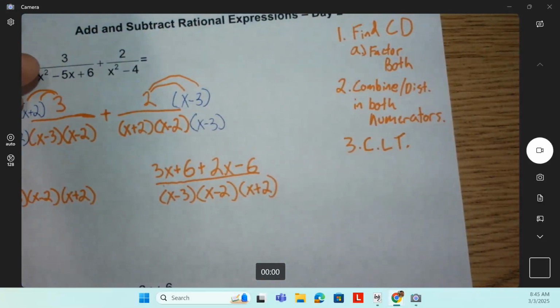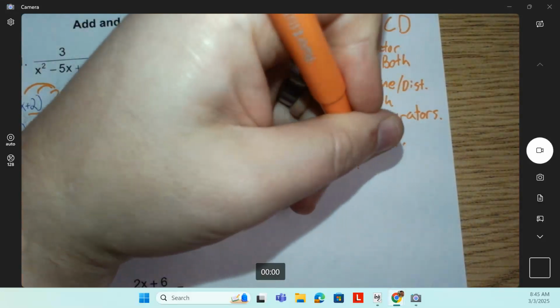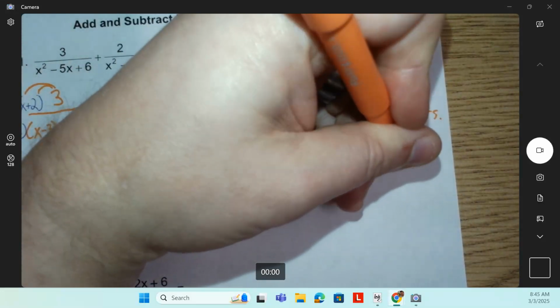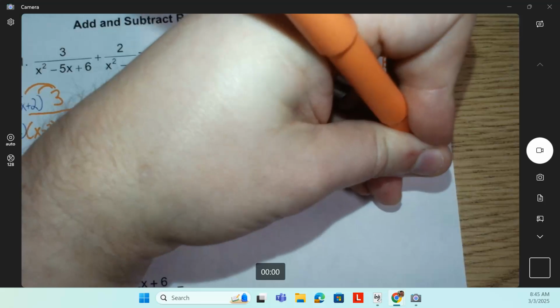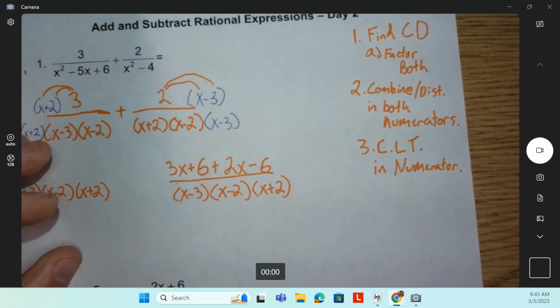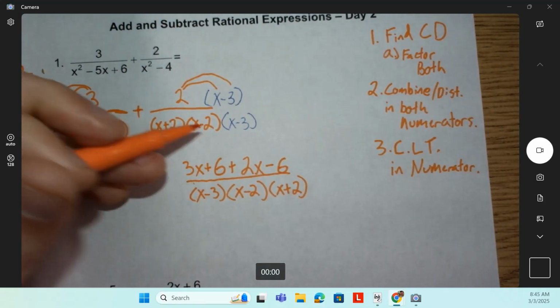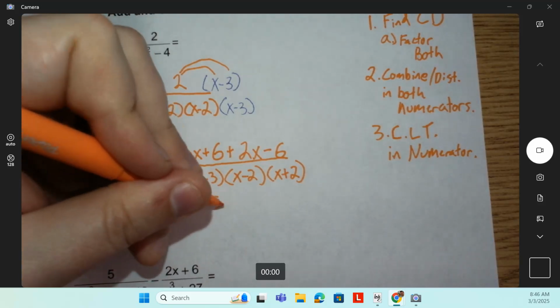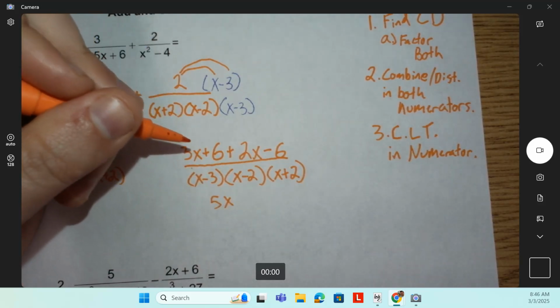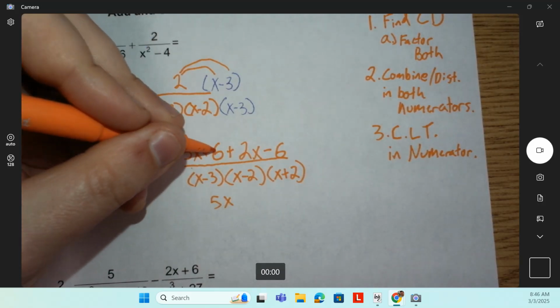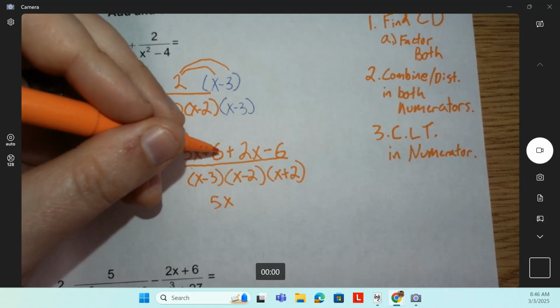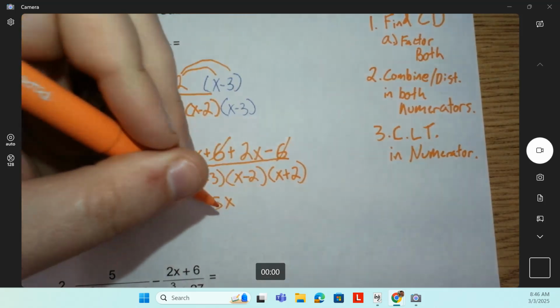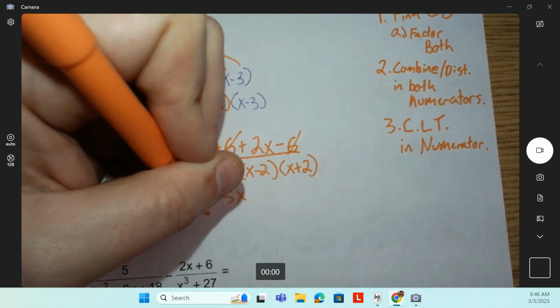Then I'm going to combine any like terms in the numerator. So 3x and 2x will combine together to give me 5x, and 6 minus 6 cancels each other out.